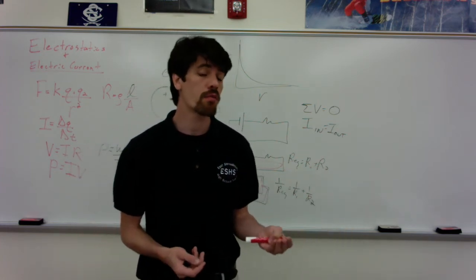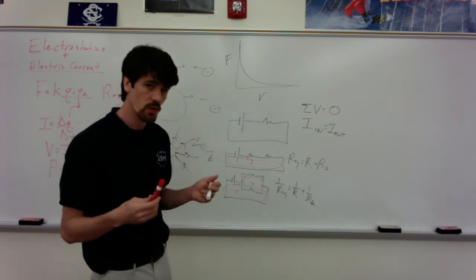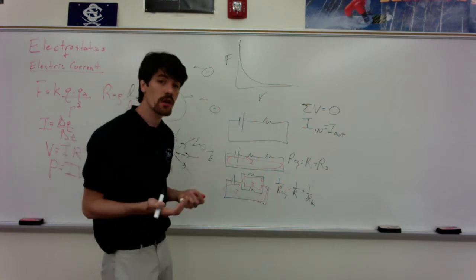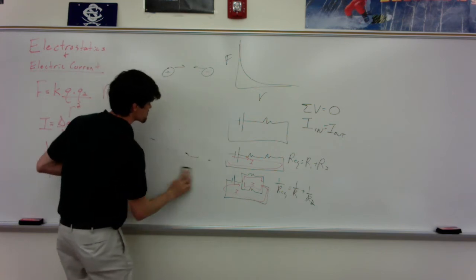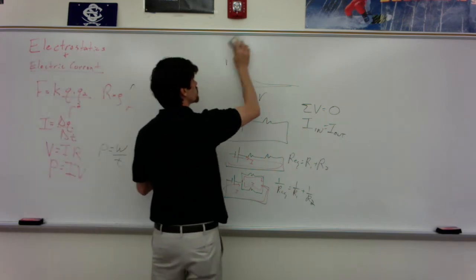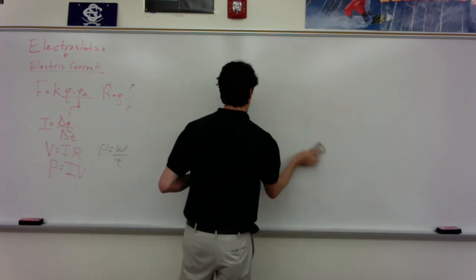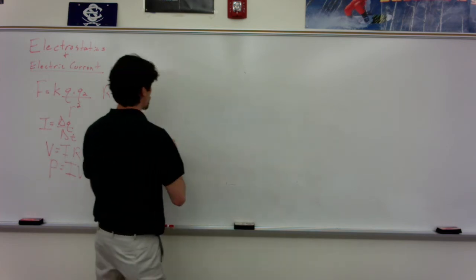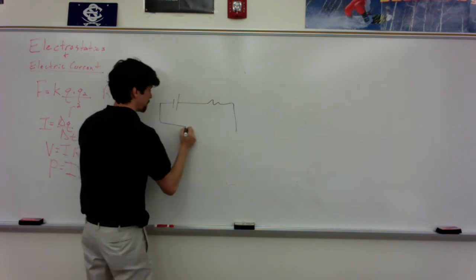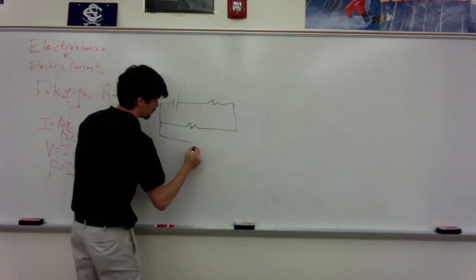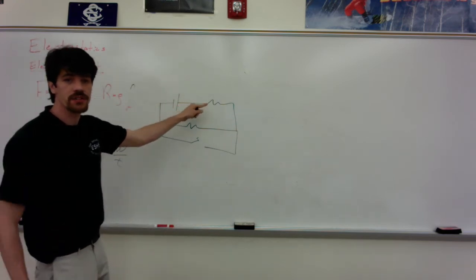Now, we looked at a lot of different problems dealing with some things here. And I want to just kind of show a conceptual idea of what things would happen if we have a weird, unique circuit and some things that we could do. So, if we have a circuit and we have something like this, so let's say that's a resistor, like a light bulb.